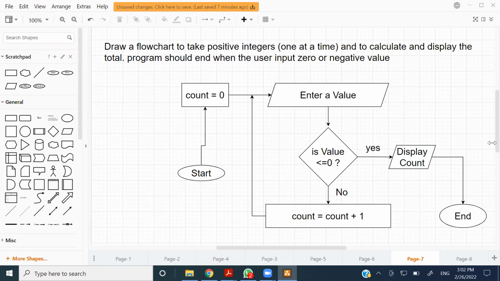I'll give you 2 minutes for copying it down. Then we are going to the one last question from the iteration.